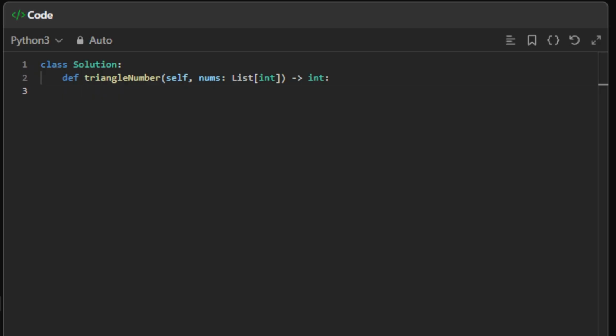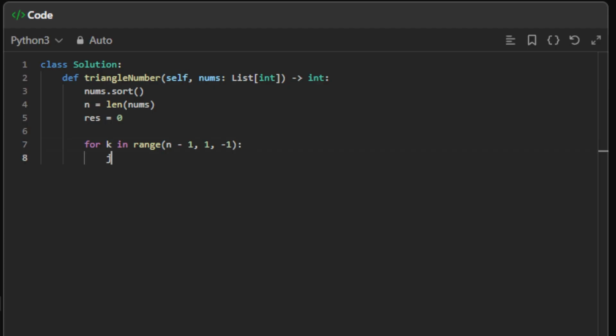First, we need to sort nums, so nums.sort, and n is the length of nums, and the result is 0. And now for k in range, we start from the last index and we go all the way to index 2, and actually this is non-inclusive, so here we use 1, and we are using 1 because we need to fit both I and J pointers to the left of k, and we are moving in steps of -1.